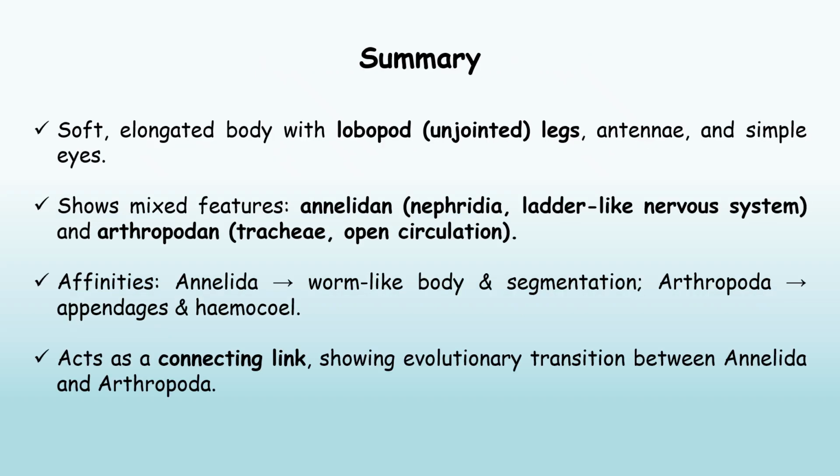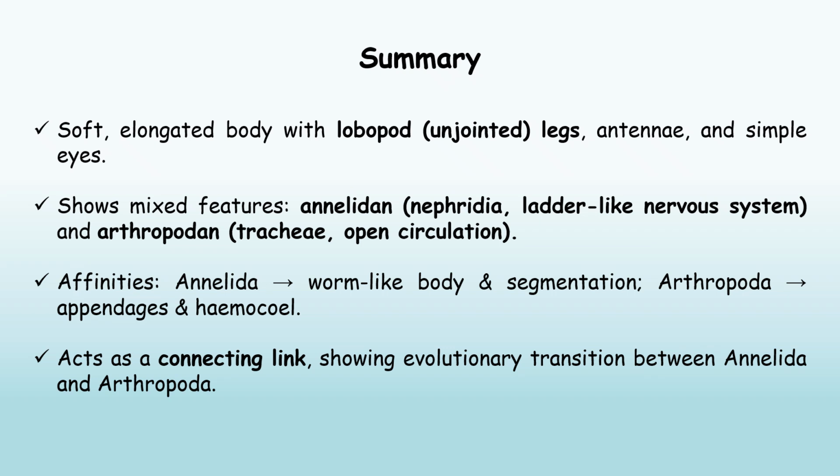As a whole summary of this topic, structure and affinities of Peripatus, we have studied that their body is soft and elongated, with unjointed legs known as lobopods, and antennae and simple eyes present on the head. Peripatus shows mixed features of phylum Annelida, such as nephridia and a ladder-like nervous system.